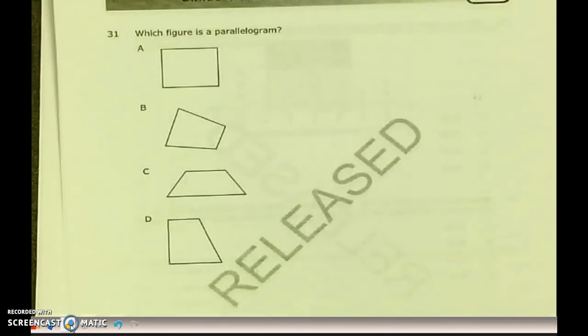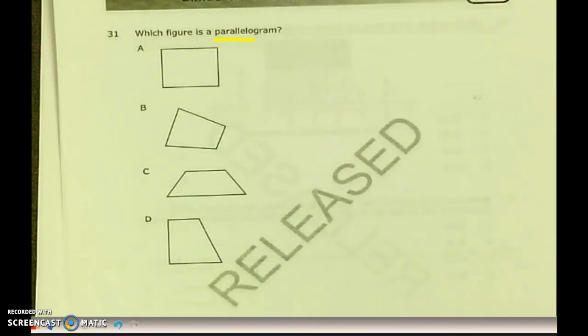Which figure is a parallelogram? I realize you might have had some of that last year. But a parallelogram, the hint is in the word itself. It's a four-sided figure, or a quadrilateral, with opposite sides parallel.